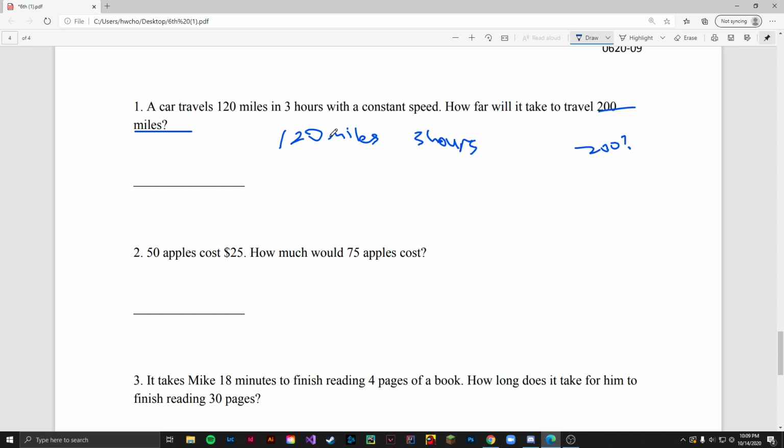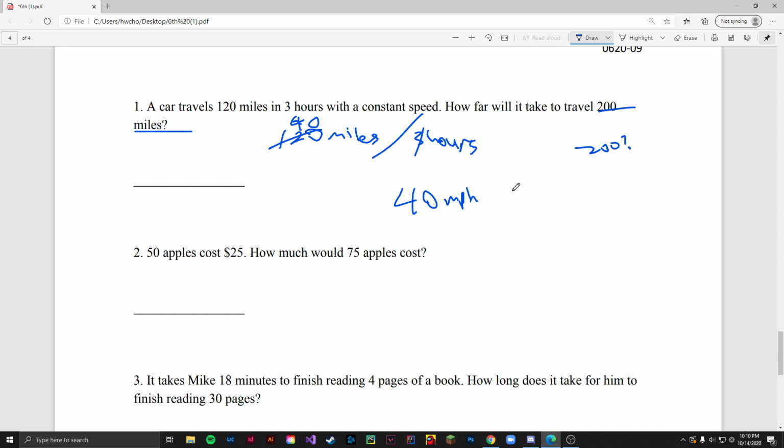Let's do the easy way here and find the miles per hour and then apply it to here, okay? So miles per hour. 120 miles in 3 hours. That's just dividing, right? That comes to 40 miles per hour.